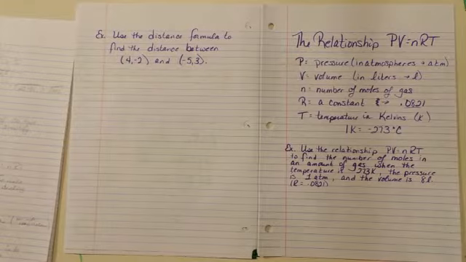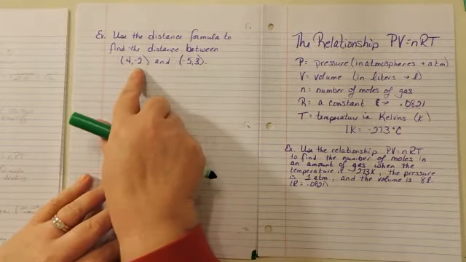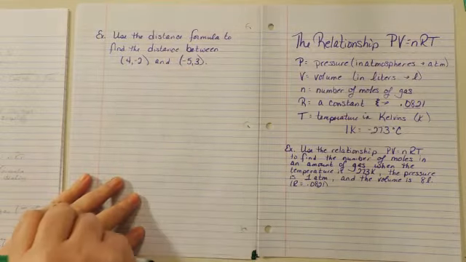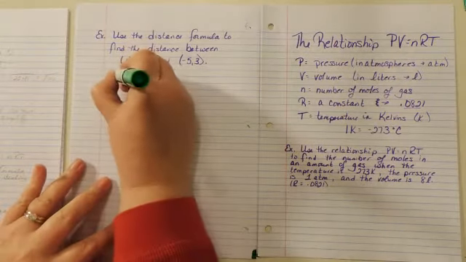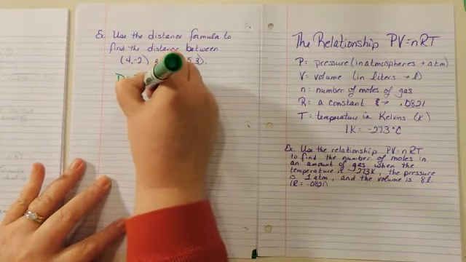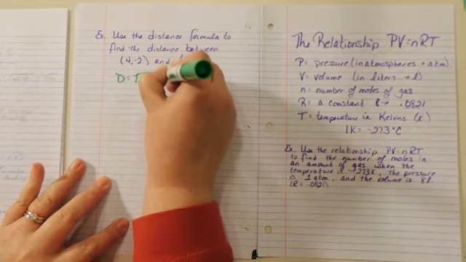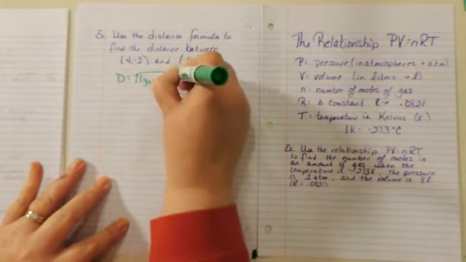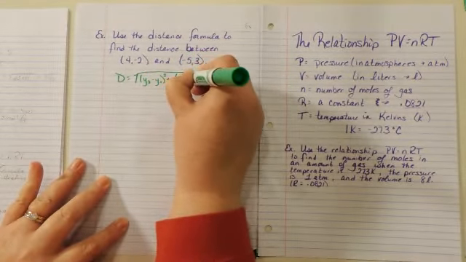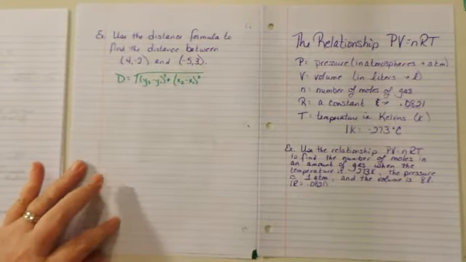So here's an example. Use the distance formula to find the distance between 4 and negative 2 and negative 5 and 3. Okay? So our distance formula is D equals the square root of y2 minus y1, quantity squared, plus x2 minus x1, quantity squared. Right?